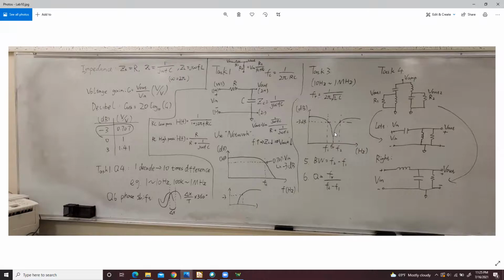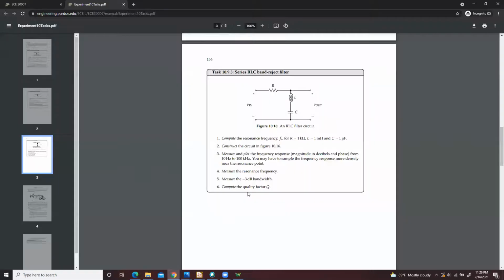If you do everything correctly, you should get a plot like this. Since this is a band reject filter, you see that in this frequency range the signal gets rejected. Then you can do step number 4 to number 6.